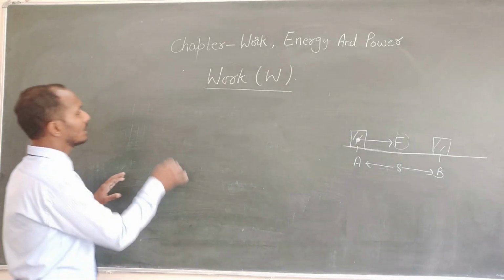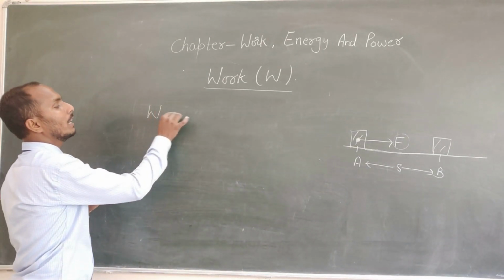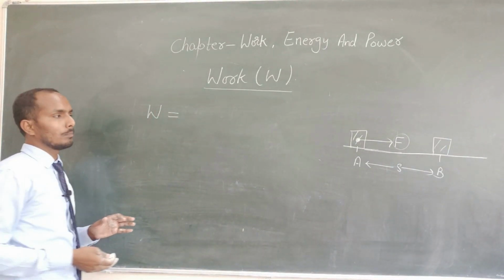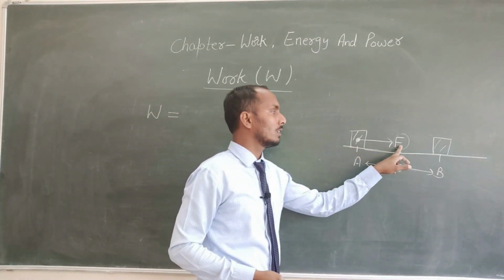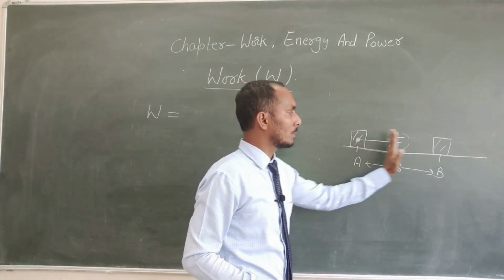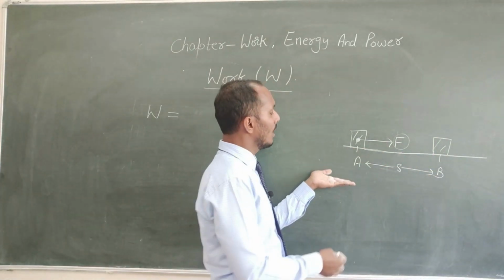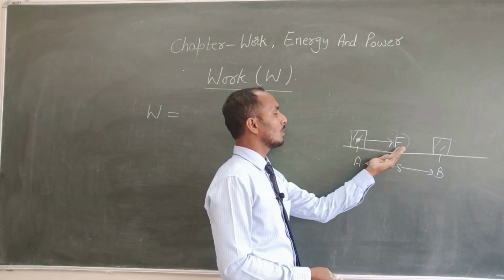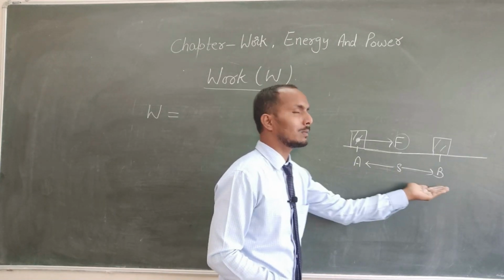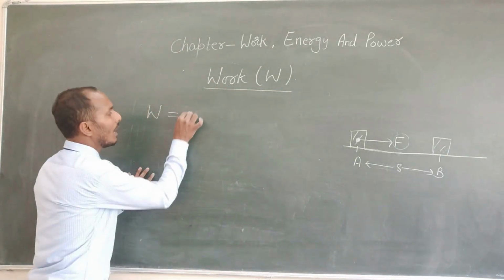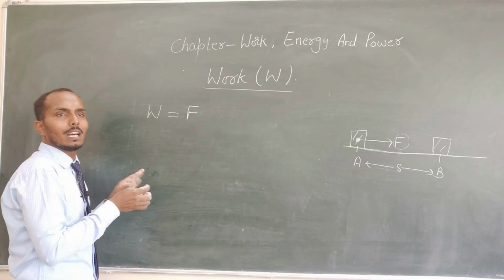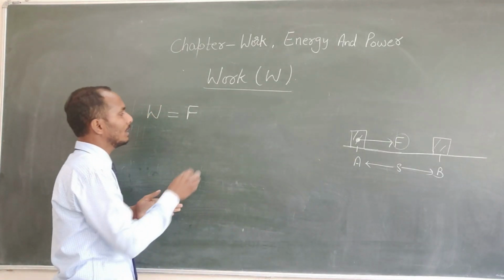So the definition of work is the product of force component in the direction of displacement. How much amount of force did we apply in the direction of displacement? We applied F amount in the direction of displacement.